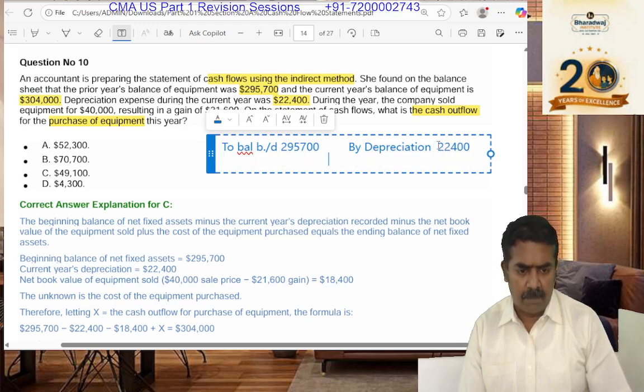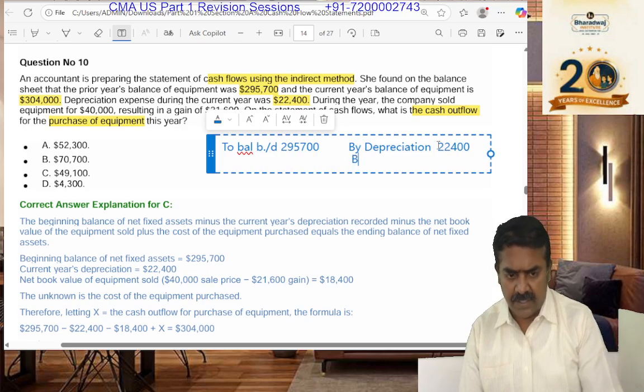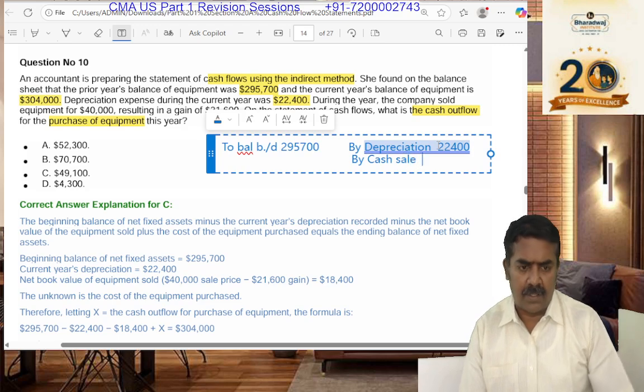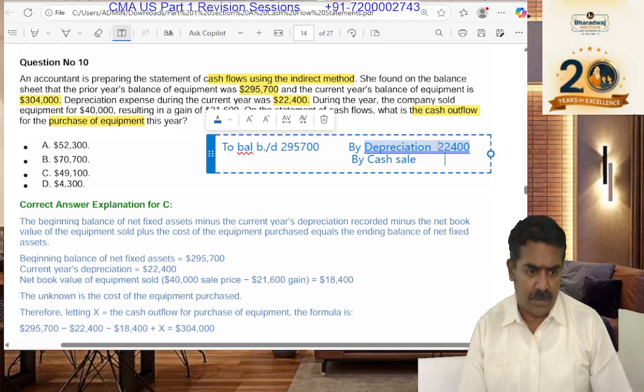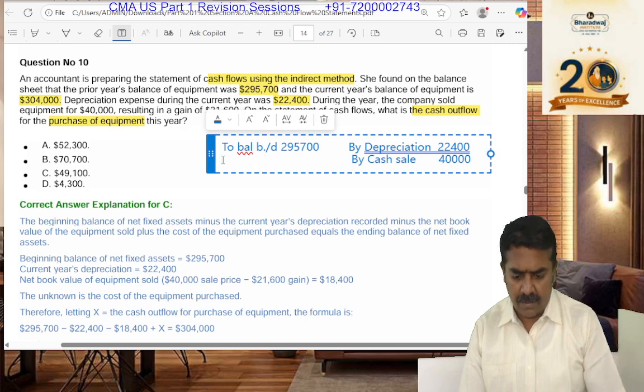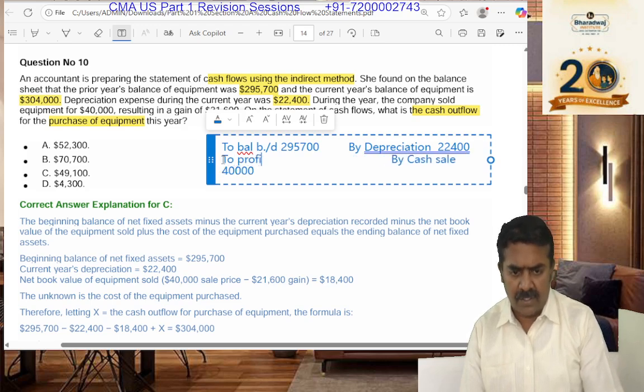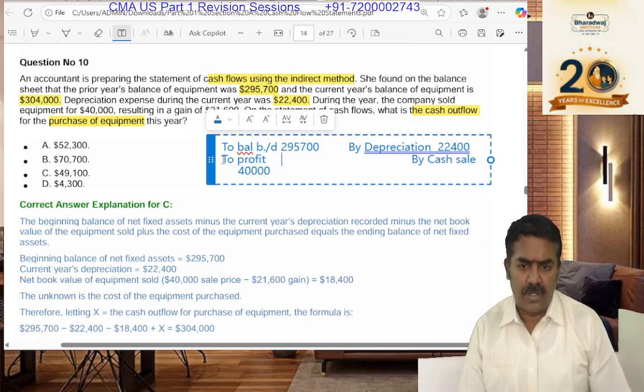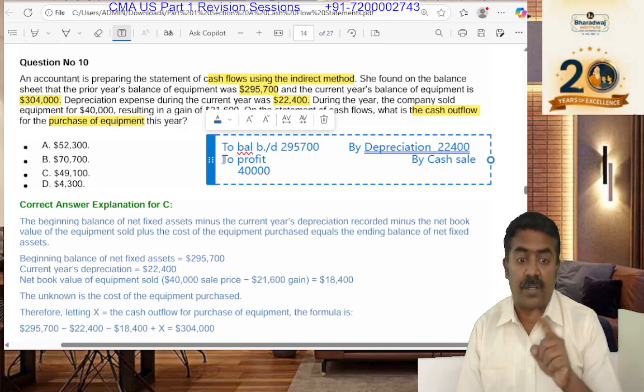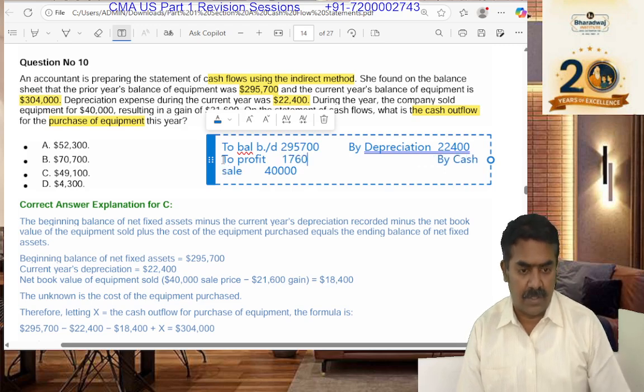Then by cash. Sale of equipment. What is the sale of equipment? Sale of equipment, how much is given? 40,000. Is it a profit or loss? For profit on sale, it will come in the debit side. To profit on sale. What is the profit on sale? 40,000 sold for 22,400. It will be 17,600.